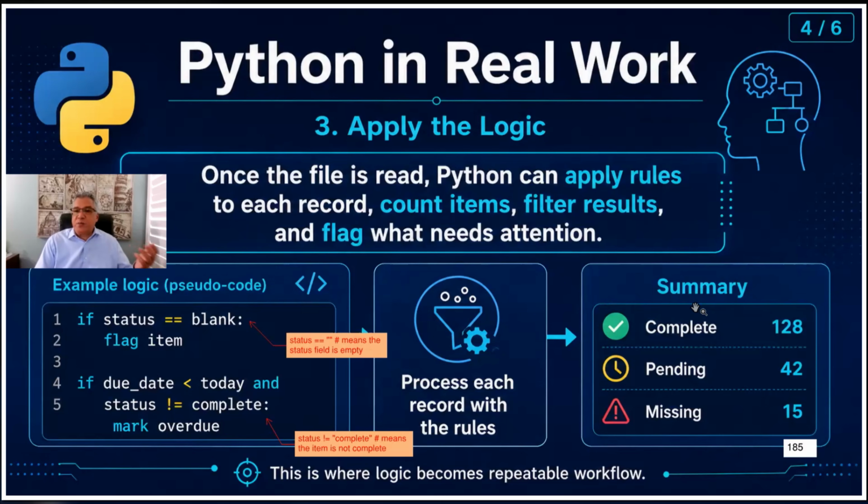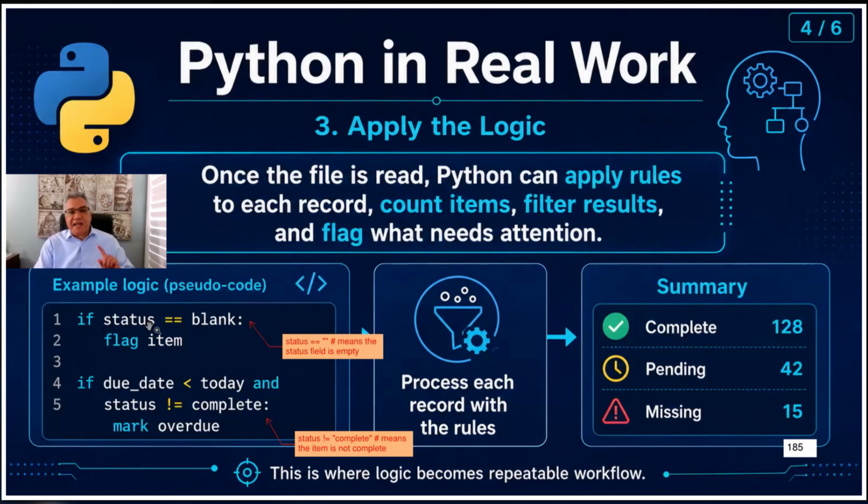This summary could be like you have 185 files, you have 128 completed, 42 pending, and 15 missing. So Python will do all of this for you. But you are the one who will give Python the rules to do that, and that's what we're going to explain. So let's see a small example of how Python will work.